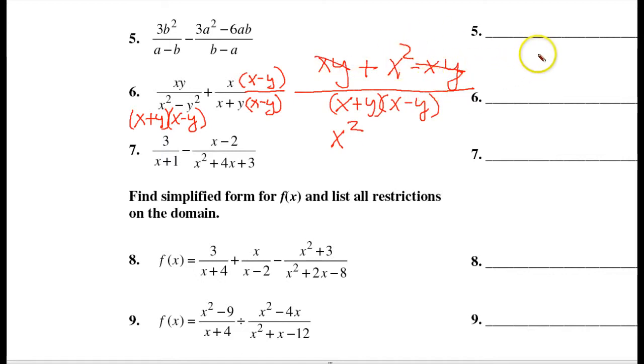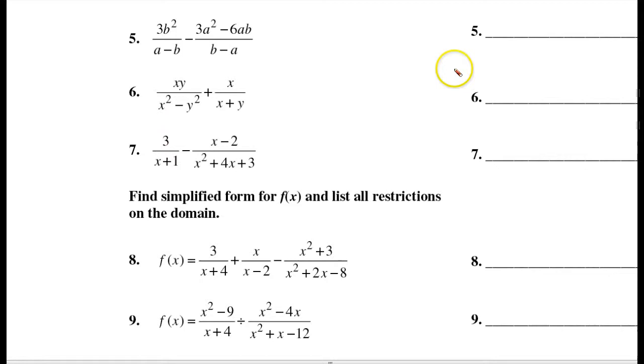So I'm left then for number 6 with x squared over x plus y, x minus y. Or you could have FOILed it and put it that way as well. But again, they like to leave it in factored form. All right, let's work on number 7 now.